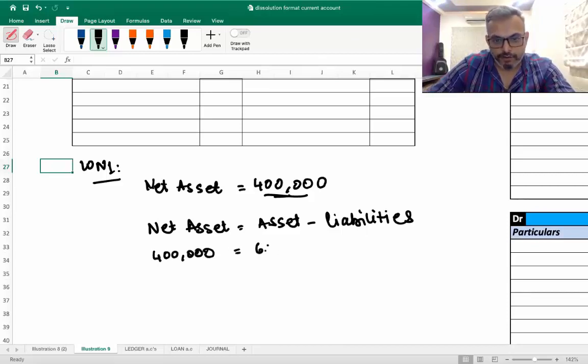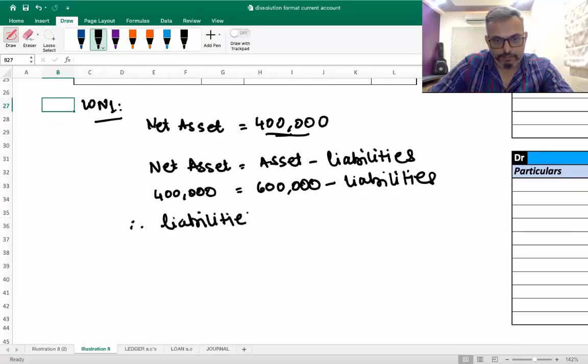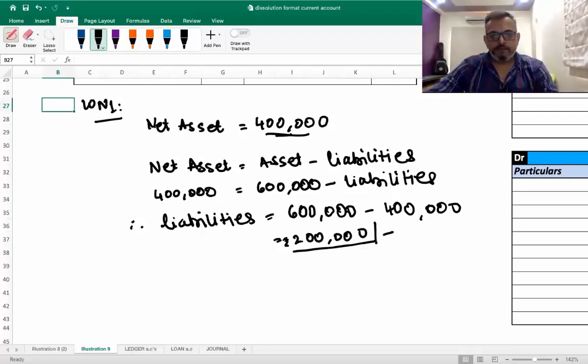Total asset we know is 6 lakh, minus liabilities. So let's find the liabilities. Therefore, liabilities is equal to 6 lakh minus 4 lakh, which is equal to 2 lakh. Please do this working, all of you. So liabilities is 2 lakh.